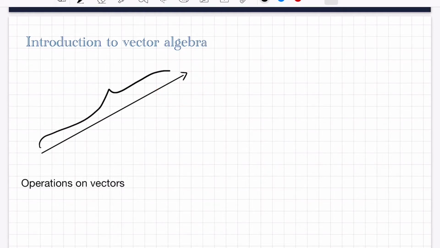The length of this vector is called the magnitude, and there's an arrow over here which indicates the direction. The end of this vector is called the tail, and the head of this vector is called the head.